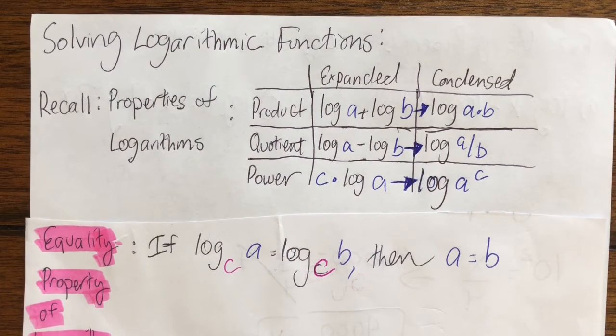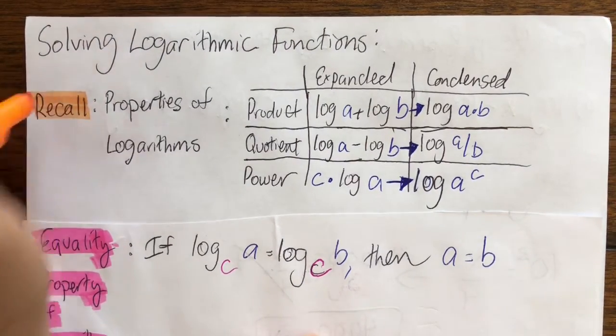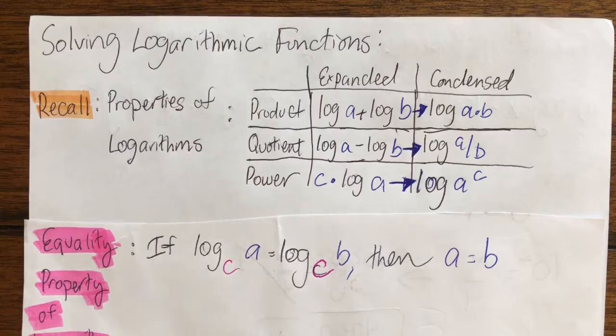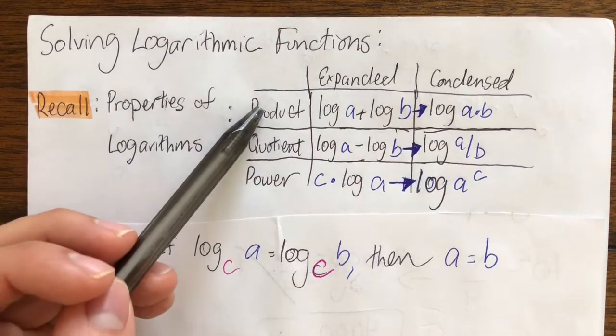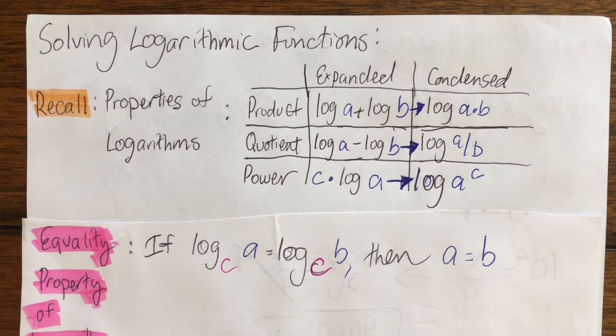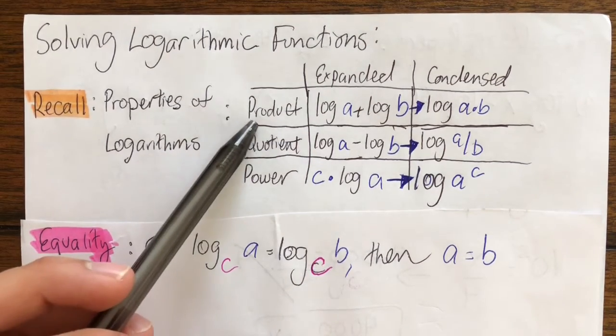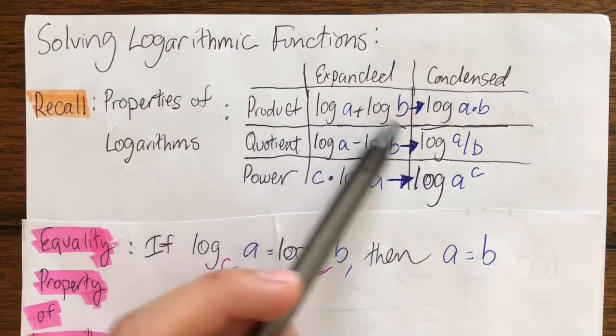Now, before we take a look at examples, let's recall the properties of logarithm. We have 3 properties of logarithm, which are the product, the quotient, and the power. So we have log of A. The product is a sum of 2 logs.